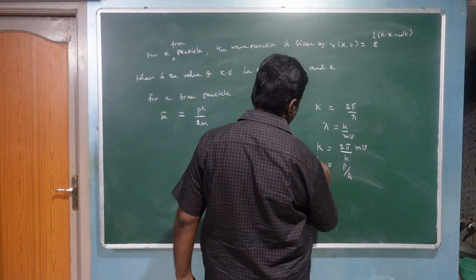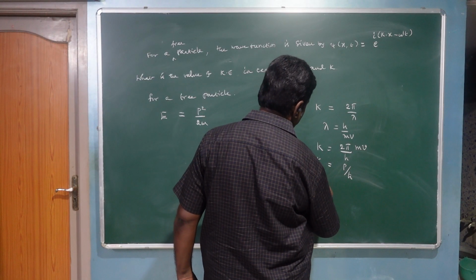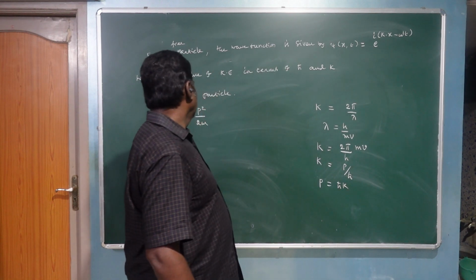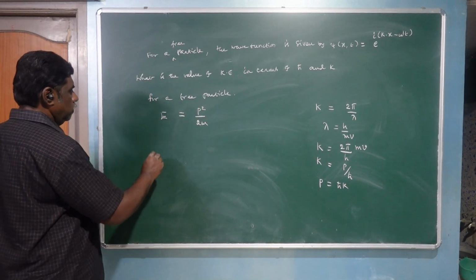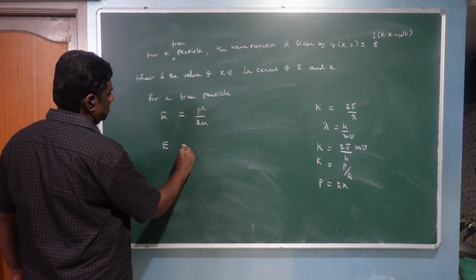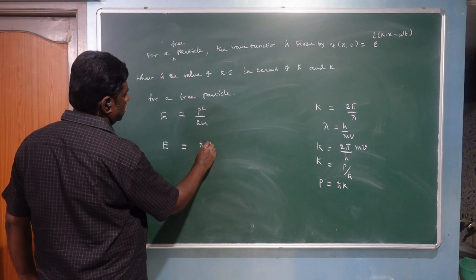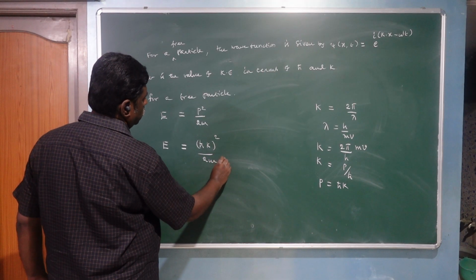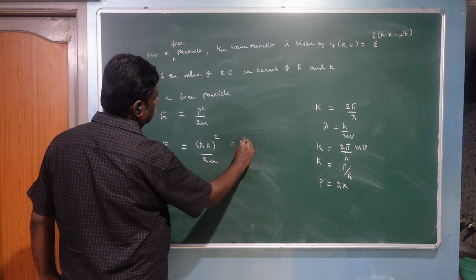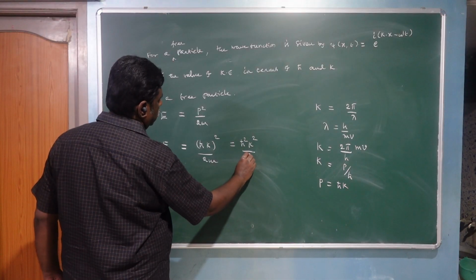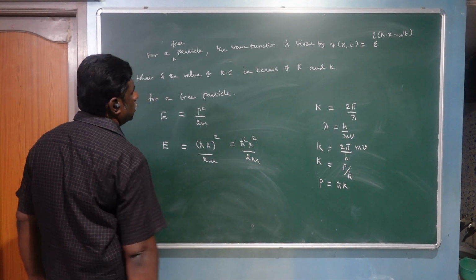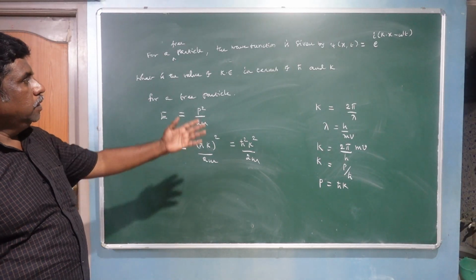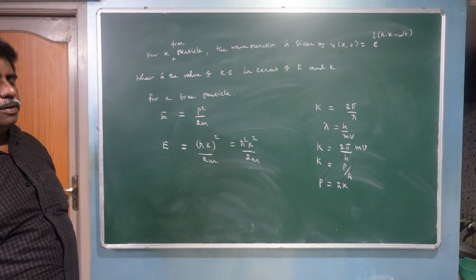So k equal to p by h cross. Then p equal to h cross k. So instead of this p, we have to put h cross k. So E equal to h cross k whole square divided by 2m, which is equal to h cross square k square divided by 2m. This is the value of kinetic energy in terms of h cross and k.